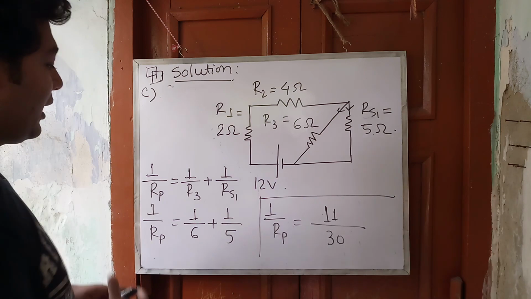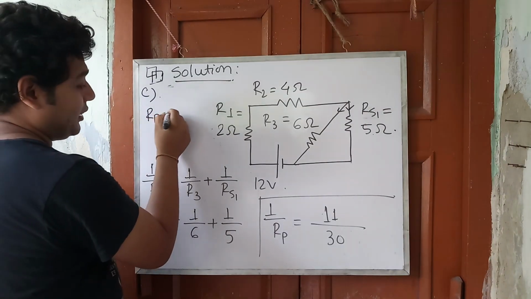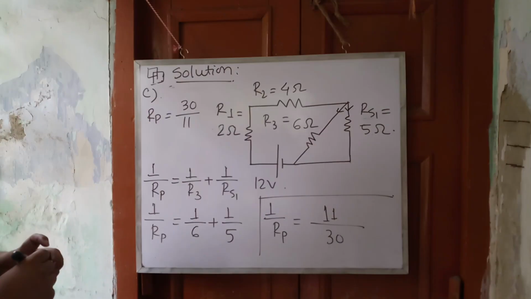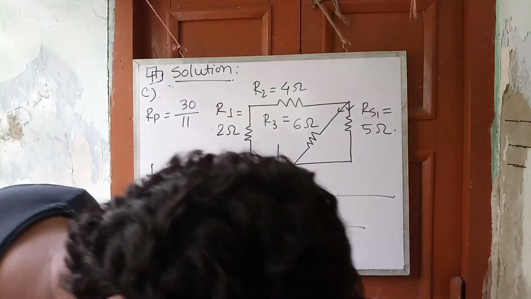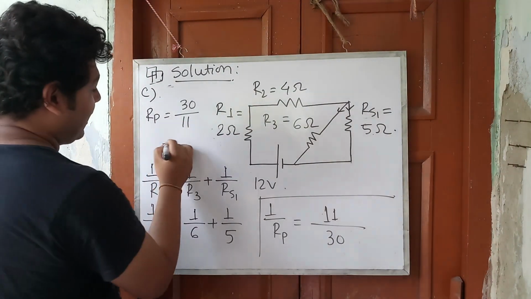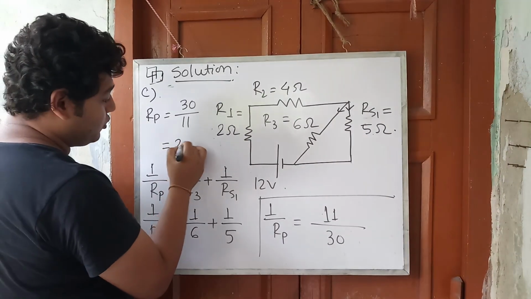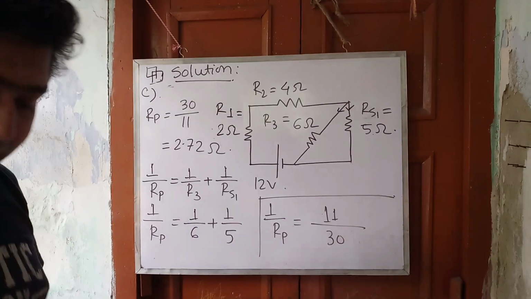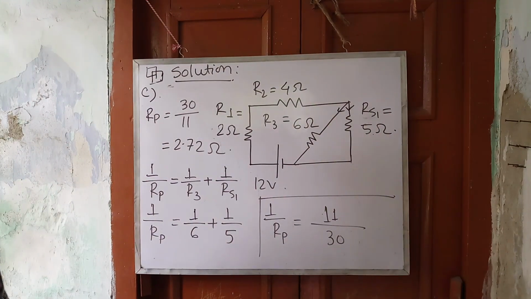So we can write Rp as 30 by 11, or we can write it as 2.72 ohm.